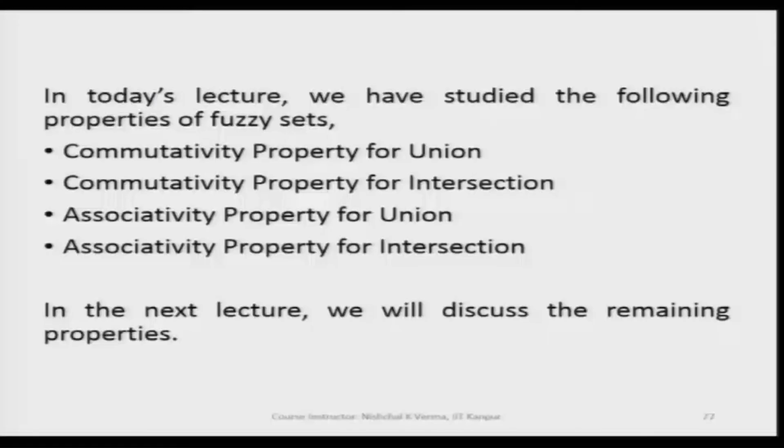We have covered all these four properties for fuzzy sets, and we will stop here for this lecture. In the next lecture we will cover the remaining properties of fuzzy sets that we have already seen listed. Thank you.